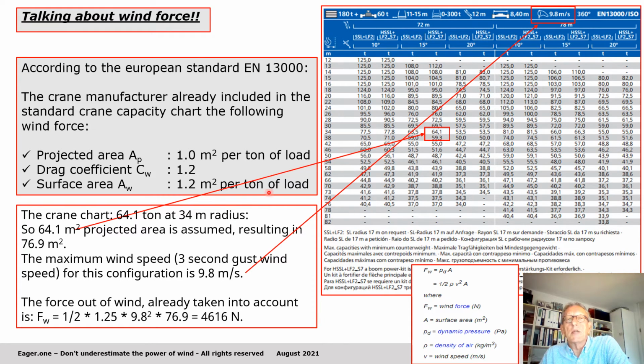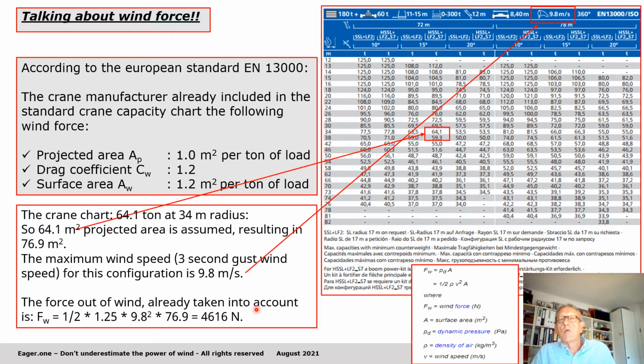So this means that a projected area of 64.1 square meter is already included in this chart, with a drag coefficient of 1.2. We have a surface area of 76.9 square meter. And so you will be able to calculate the force out of wind, which is 4,660 Newton.